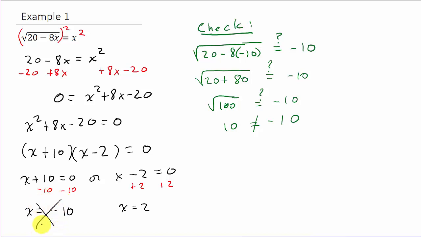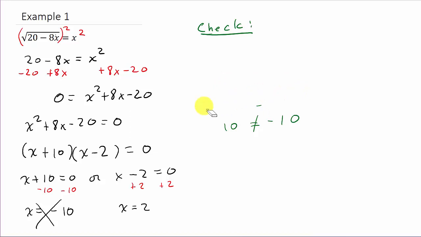Now let's try the 2. So I'm going to plug the 2 in. I've got the square root of 20 minus 8 times 2, and I need to know, does that equal 2, plugging the 2 in for each of these x values.